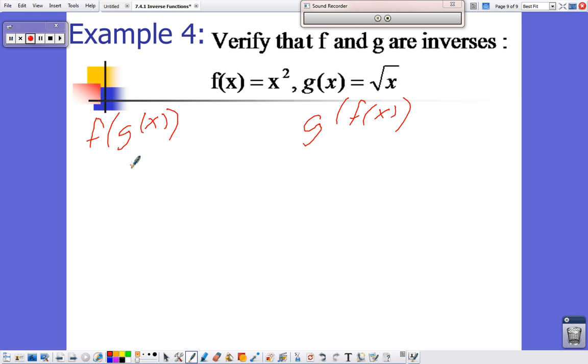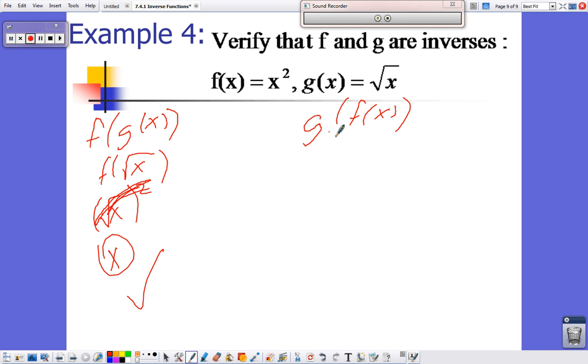If one of them is not x as the final product, then they're not inverses of each other. So let's check this one. So remember, g of x is just the square root of x, and f of x is x squared. So we're going to replace the x with x squared. So remember, anytime you square a square root, they cancel out, and my end result is an x. So this side checks out.